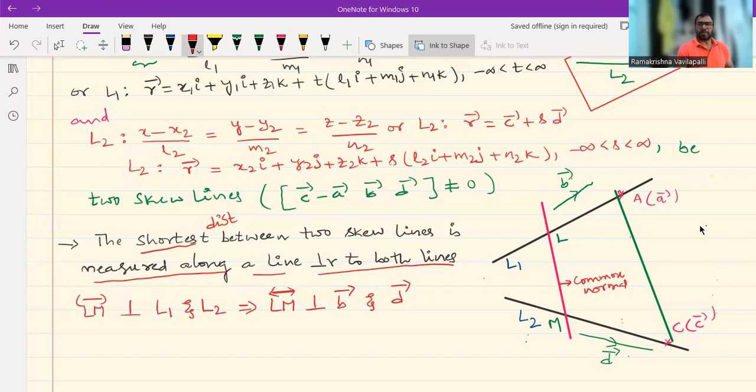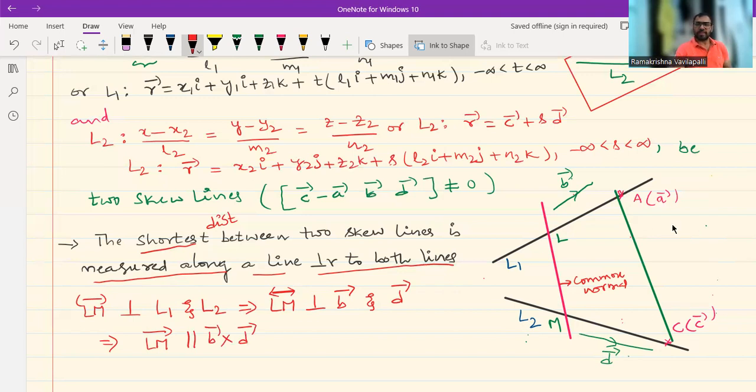The vector perpendicular to both b bar and d bar is b bar cross d bar. So this implies the LM vector, or you can say the LM line, is parallel to b bar cross d bar.